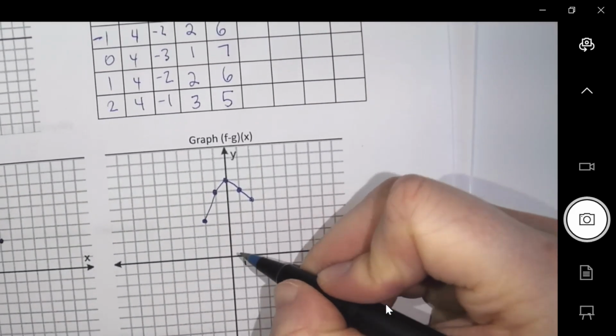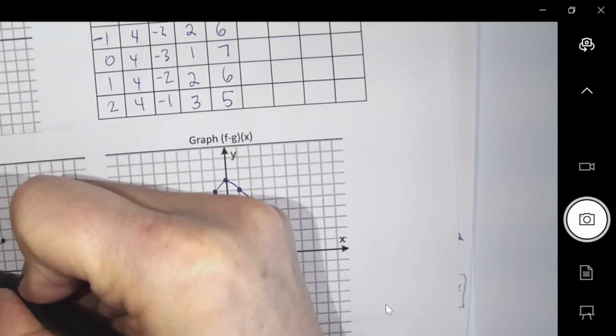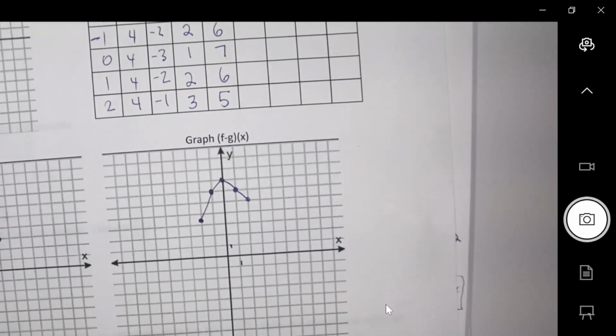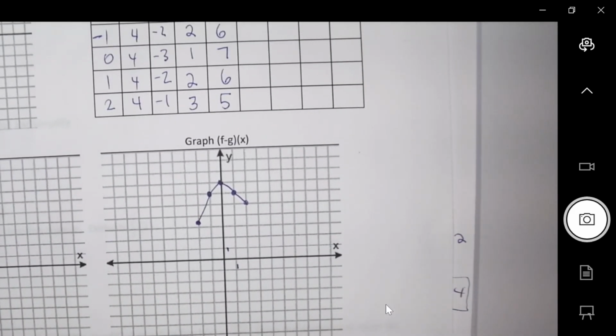Okay, I guess I should be putting some kind of label on my graphs for the scale, because you should always be doing that when you have to do a graph that doesn't have something on it.